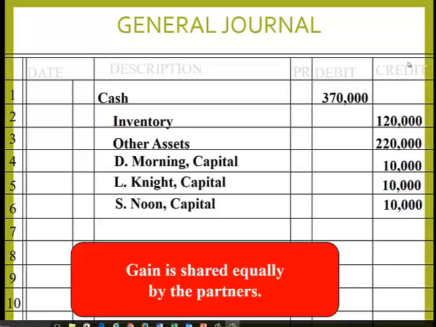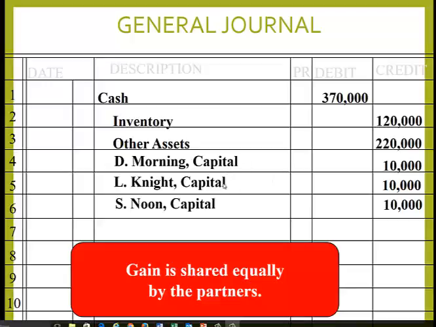The inventory and other assets altogether total $340,000. We received $370,000 for the assets. That means we have a $30,000 gain that we need to divide among the partners. So what we're going to do is allocate the gain among the three partners.